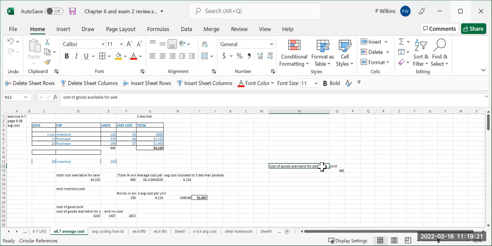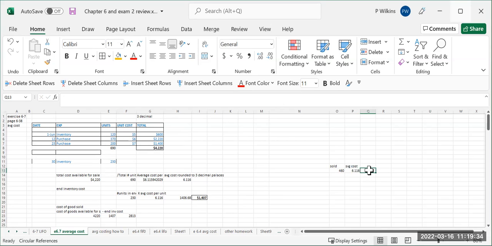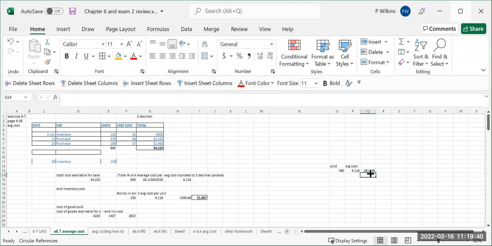We've got 460 sold times the average cost, and the average cost is 6.116. So let's see what happens: 460 times 6.116.